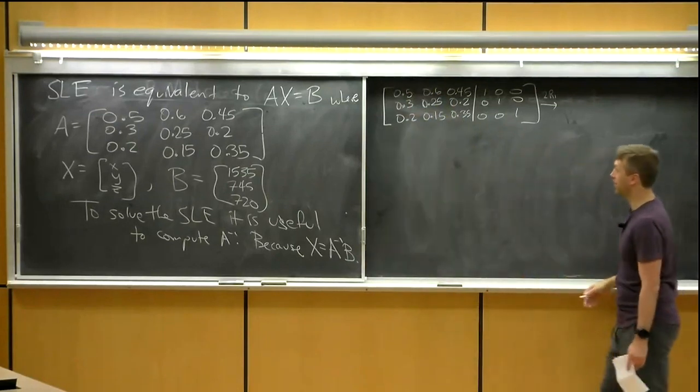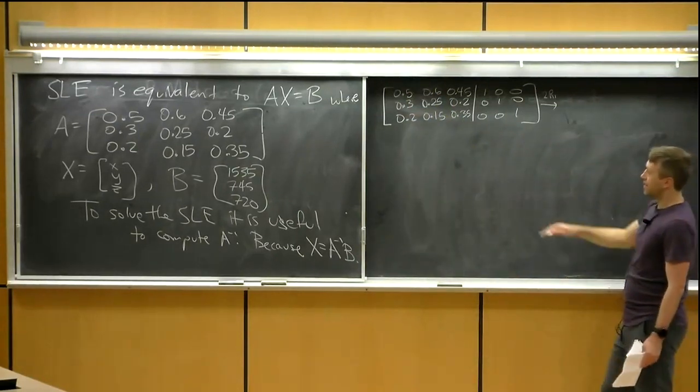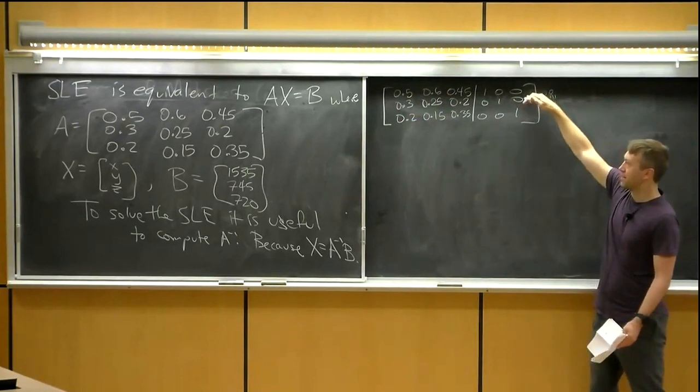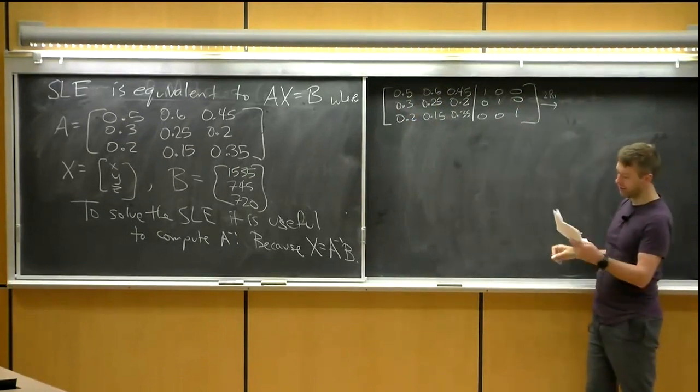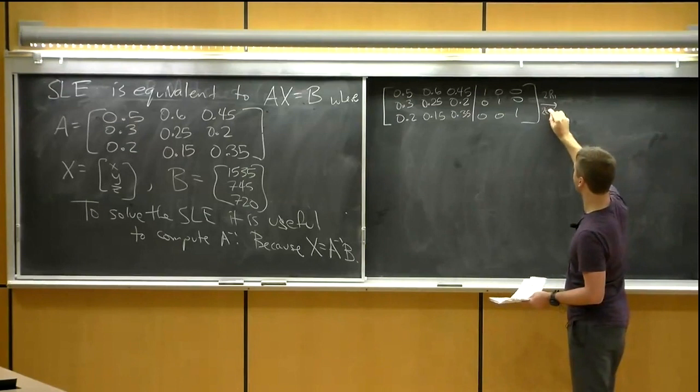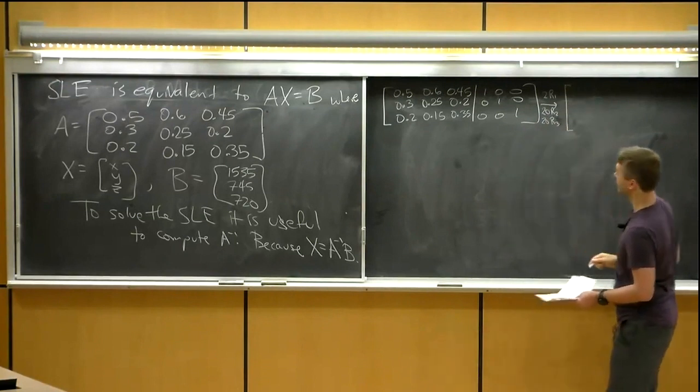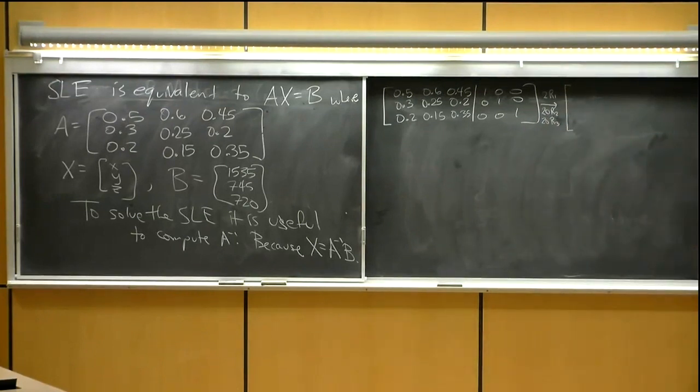At the same time, I'm going to make these rows look a bit better by multiplying them by 20. You don't have to do this, it's not required, but you'll see that it makes the numbers a bit nicer.